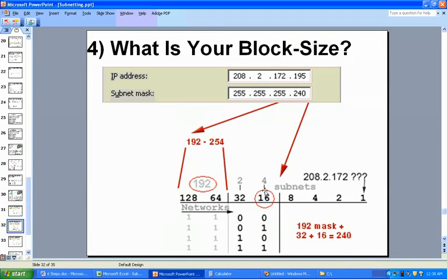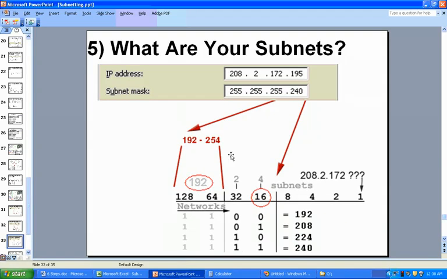What's your block size? Our block size is the same process as before, except ground zero is the 192. We're just going to say the last possible one in the 240 is 16. So that's what we're going to use to increment up. The only difference here is instead of starting with 0, we're going to start with 192. So what are your subnets? 192 plus 16, and that's a 0 network effectively, but it's starting with 192.